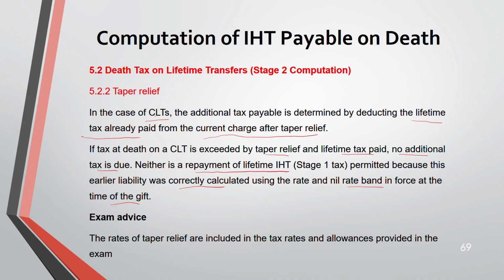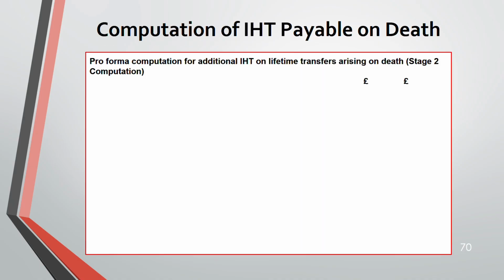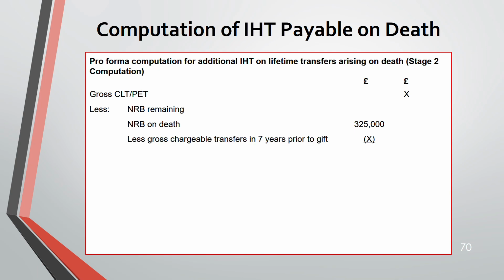Now some exam advice. Rates of taper relief will be given to you in your exam. So in case you forgot, do not worry. Now let us go through the pro forma, the stage 2 computation. This is when you are calculating additional IHT on your lifetime transfer. So gross CLT or PET, deduct nil rate band on death 325, deduct anything in the 7 years prior to the gift. Available nil rate band you deduct from gross CLT or PET, that is your taxable amount. Take tax at 40% and deduct taper relief.